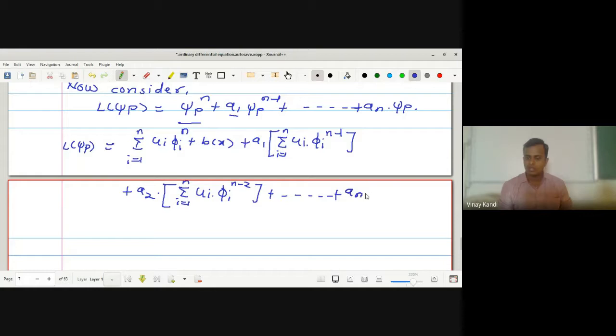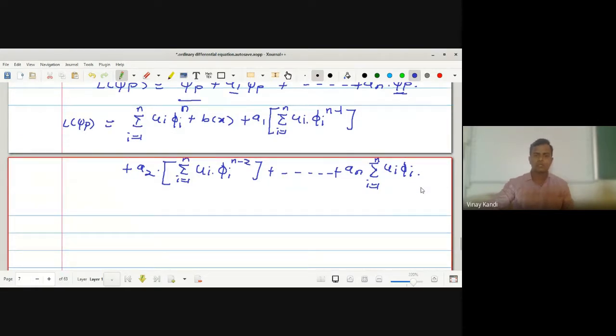an into, what is the value of ψp? Sorry, the value of this ψp is nothing but summation i running from 1 to n ui φi. Okay. Any doubt up to here?